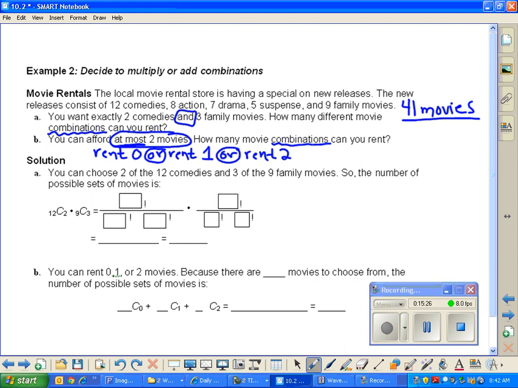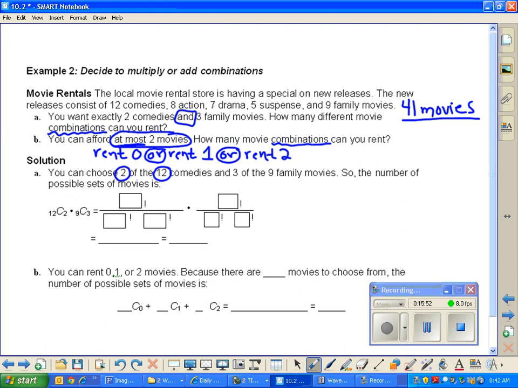Now let's break down part A. It says you can choose 2 of the 12 comedies and 3 of the 9 family movies in the problem. So essentially, if we're just choosing 2, our R value for the first combination becomes 2, and then the N value for that first combination is 12, because you can rent 2 of the 12 comedies.